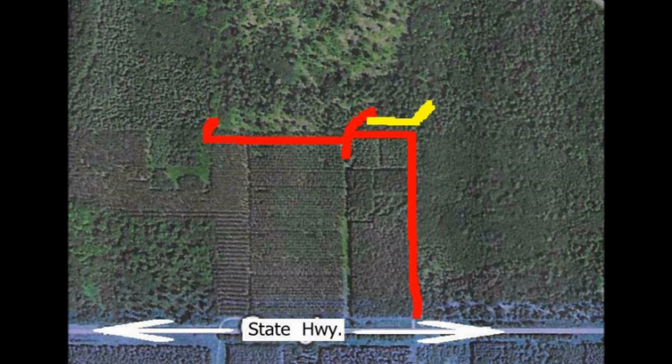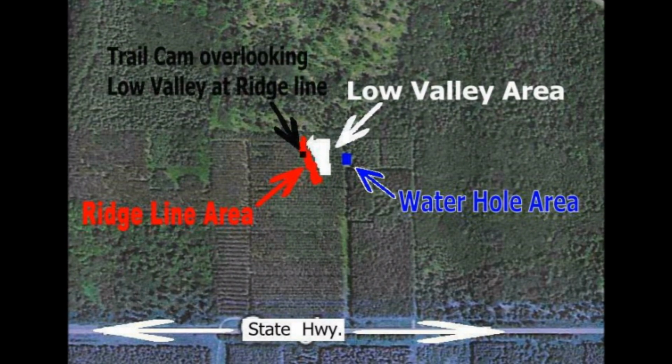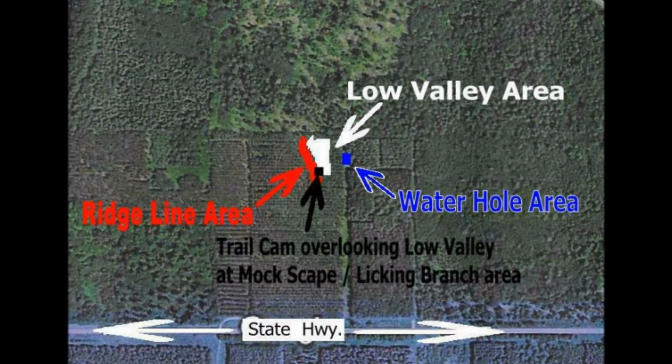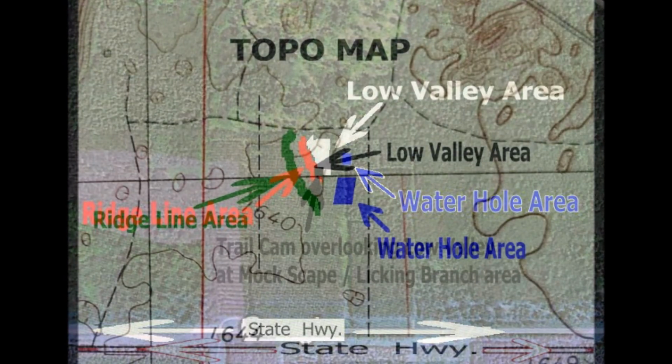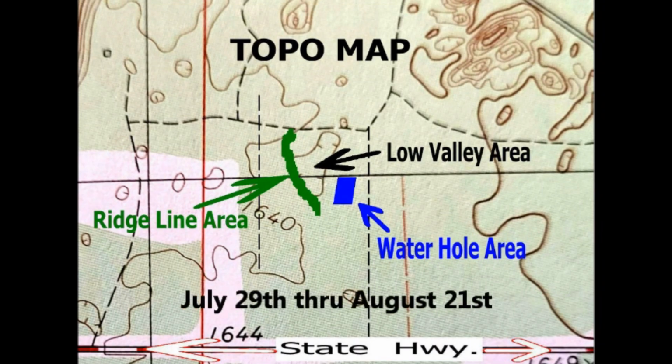Now, we originally had 3 trail cameras set up, one at a waterhole location, one at a ridgeline overlooking a low valley area, and one at a mock scrape licking branch location, also on the ridgeline overlooking the low valley area. Originally these cameras were set up collecting intel data photos from July 29th through August 21st.